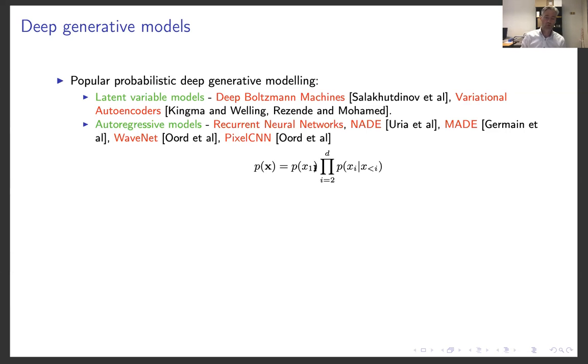And what I'm going to talk about today when I talk about flow models is actually this famous PixelCNN model, which is a combination of such an autoregressive model and a convolutional neural network where we use masking to achieve this autoregression. I'll show that you can actually formulate a flow model which is equivalent to the PixelCNN model.